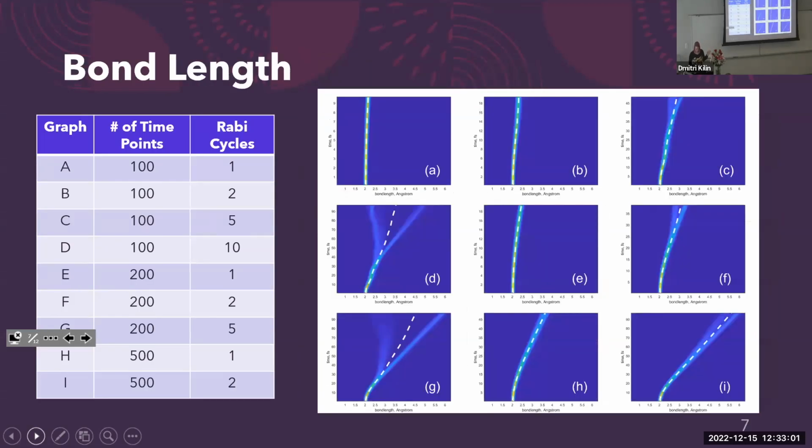And so you can also see a sort of similar behavior in this chart, which is the chart of the bond lengths as time goes on. So you can see, again, it takes 10 cycles before you see any noticeable difference, 5 and 2.